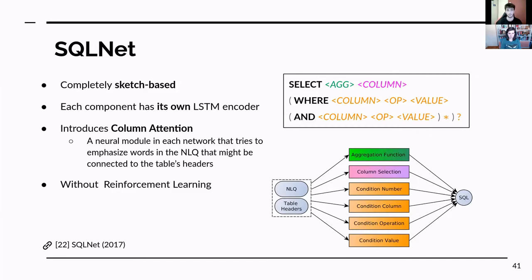Now, this fourth network is also a sequence-to-sequence network, but the important difference here is that it is only burdened with predicting the value, and it does not have to predict any SQL keywords or follow a specific syntax.